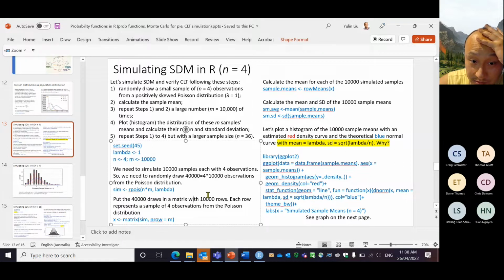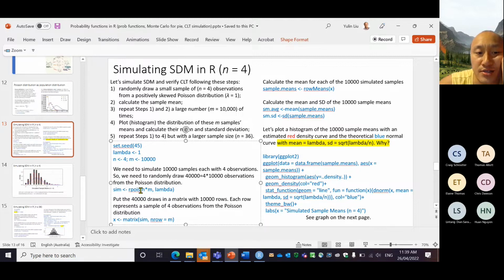We will draw 10,000 samples, and each sample has 4 observations. So basically, we have to draw 4 times 10,000, which is 40,000 observations from the Poisson distribution. That's what I do here.